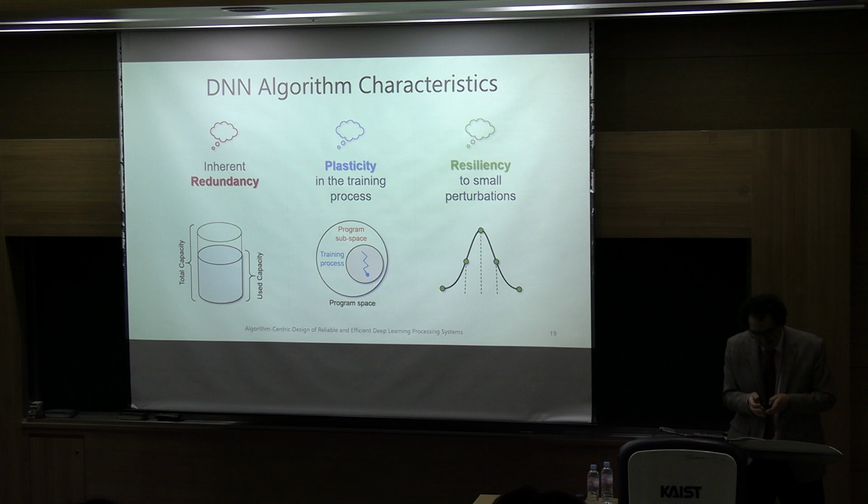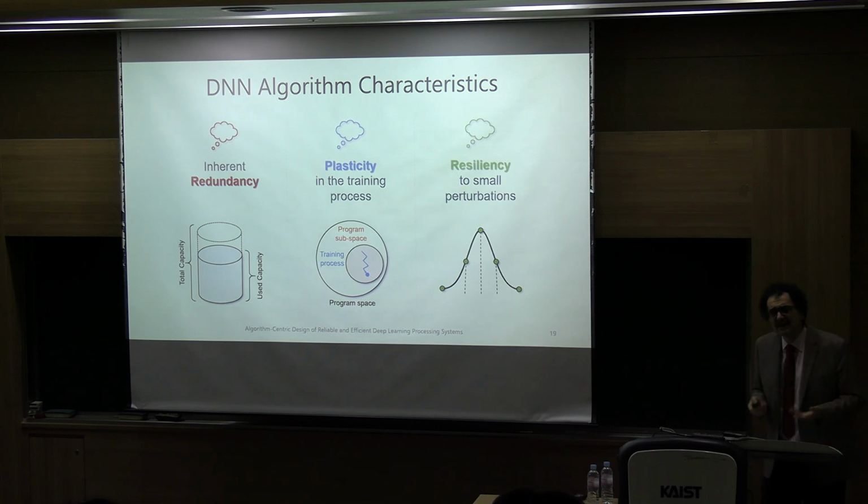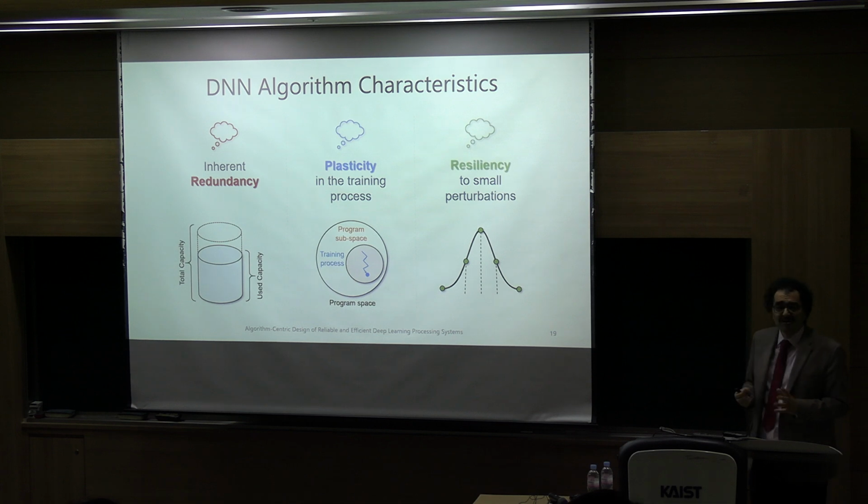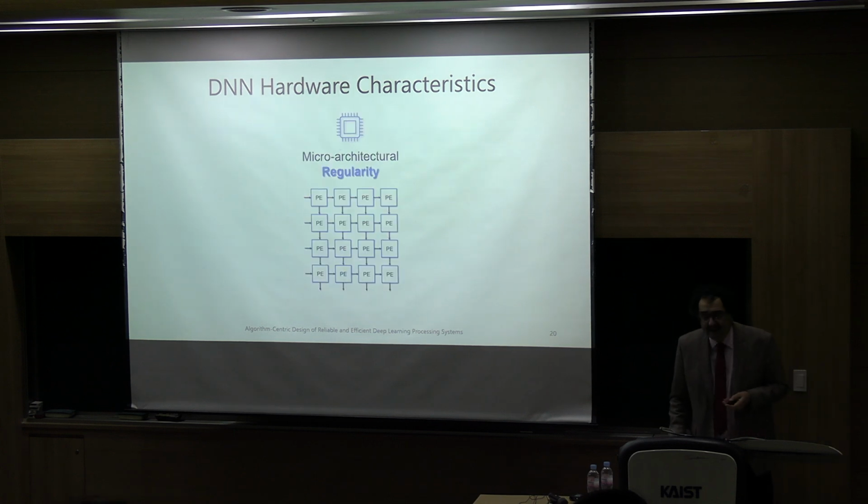So the question becomes, how to structure systems so that you can take advantage of this natural resiliency in order to deal with the real reliability problems that you're going to run into. So 3 high-level ideas: the redundancy, the plasticity, and the resiliency to these particular faults.